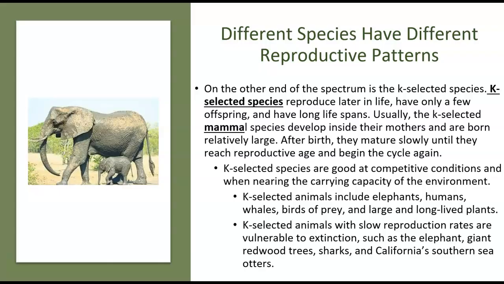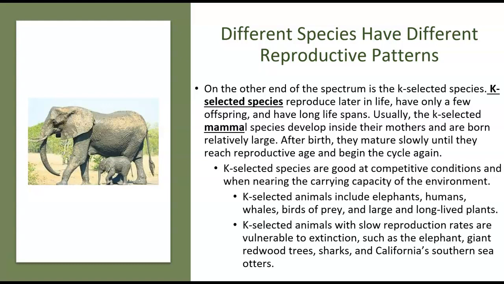On the other side of that, we have species that we call K-selected species, and they reproduce later in life. They have only a very limited amount of offspring, but they have long lifespans. K-selected mammal species develop inside their mothers, and they're born pretty large.